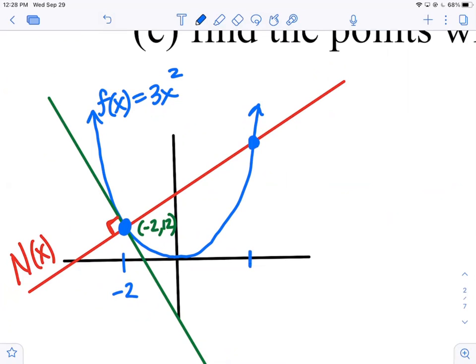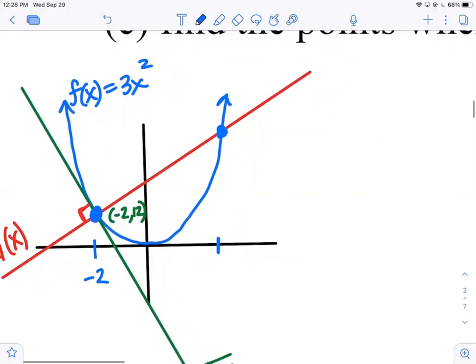Now, by symmetry, I know the x value has to be what in comparison to positive 2? Is it bigger than 2 or smaller than 2, that other point? Should be bigger than 2, right? Because of the symmetry of the parabola, and the red line goes uphill, I know it's going to be to the right of 2, and the y value is going to be above 12. I just don't know what it is.